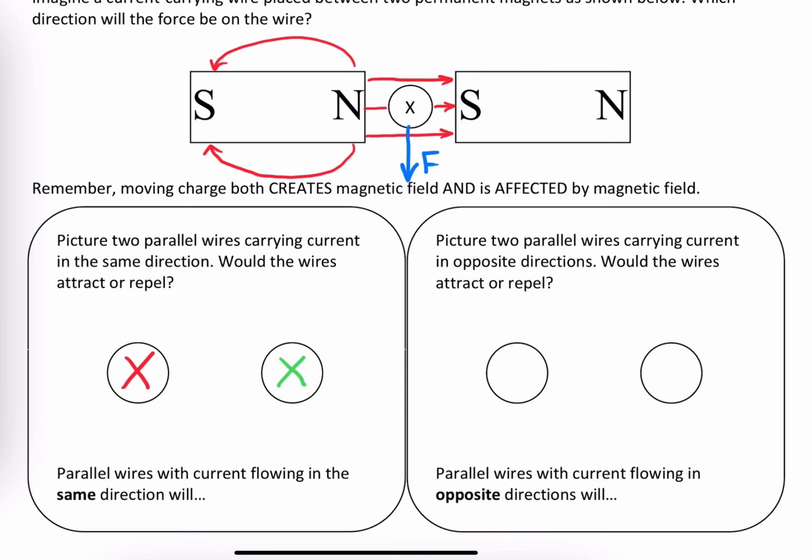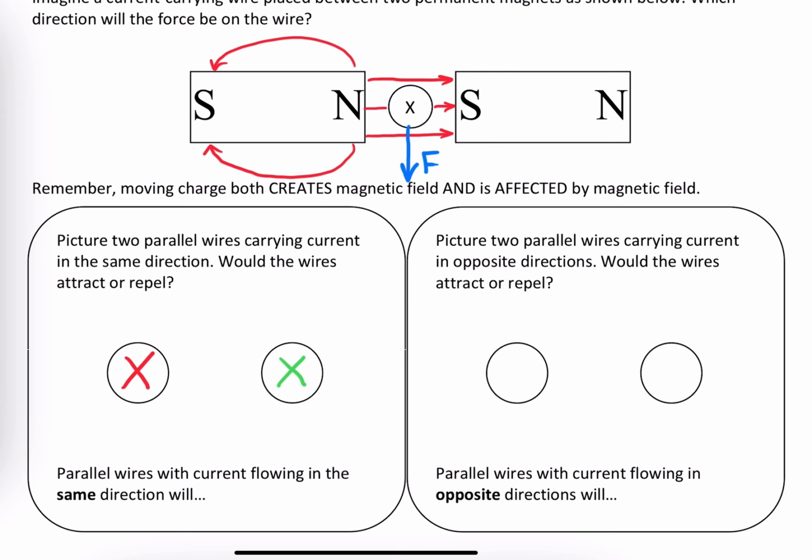So first of all, each of these wires is going to create a magnetic field in the way that we discussed in the last lesson, according to the first right-hand rule. Remember, the first right-hand rule is for the creating of the field, and the second right-hand rule is for the being affected by the field. So, first right-hand rule, I take my thumb of my right hand, I point it in the direction of this current, and I make a fist with my fingers, and I see that my fingers then are going clockwise around that wire.